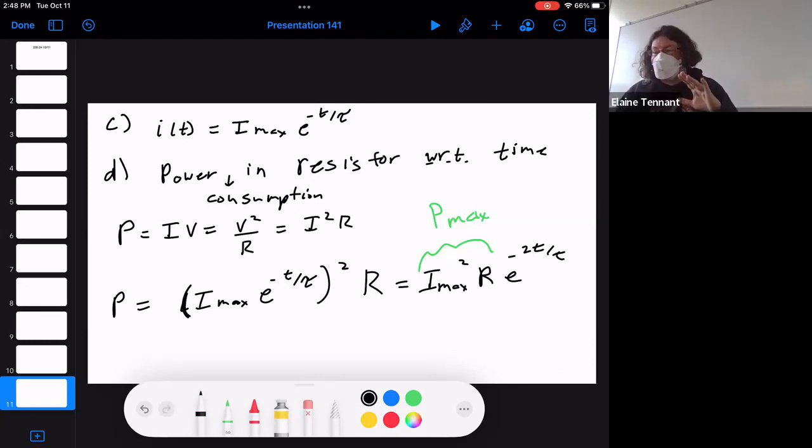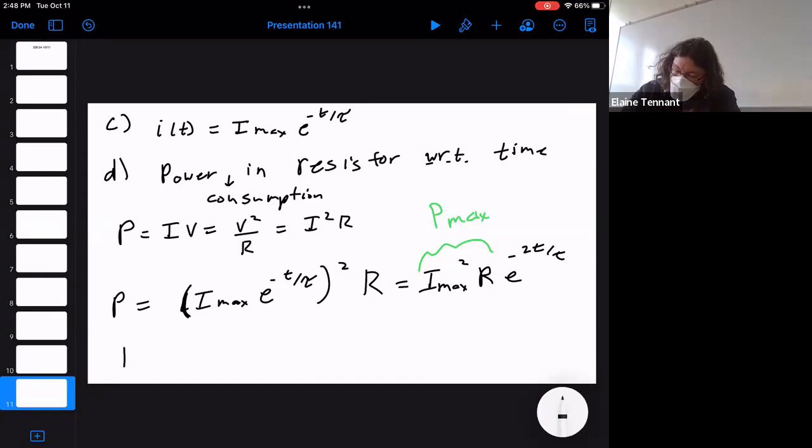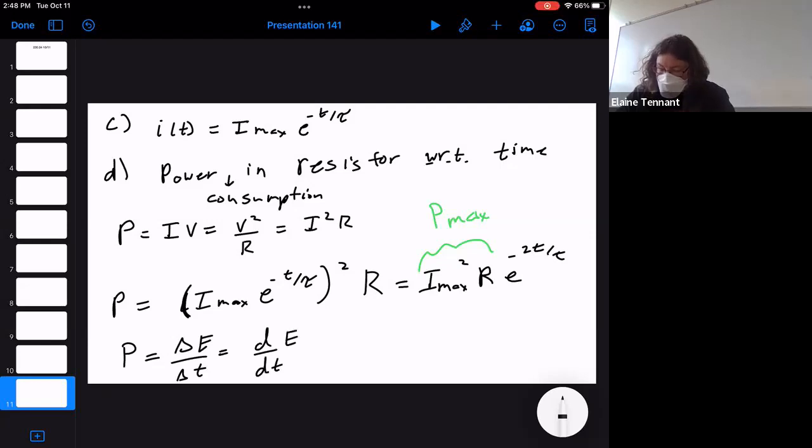And so the next thing we're going to do is start talking about how I could figure out the energy that's being eaten by the resistor. And for that, we're going to remember that power is change in energy over change in time, the rate at which energy gets used. Or you can even, of course, say the time derivative of energy.